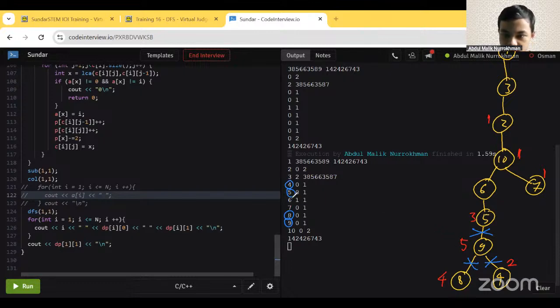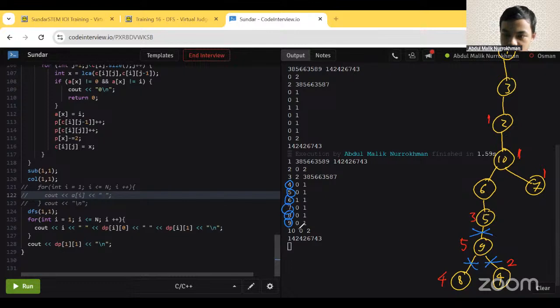And then for 6, there are two ways. One way is if we want to make it colored, so don't cut this. But if we want to cut this, then it is uncolored. Okay, 6 is correct. How about 7? 7 is correct.